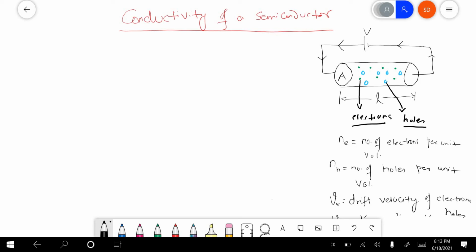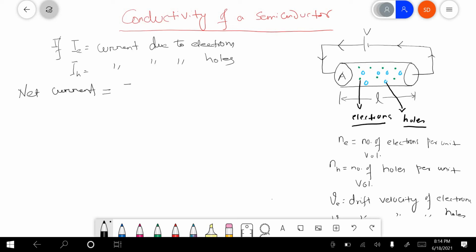If Ie represents the current due to electrons and Ih represents the current due to holes, then the net current I will be equal to the current due to electrons plus the current due to holes.